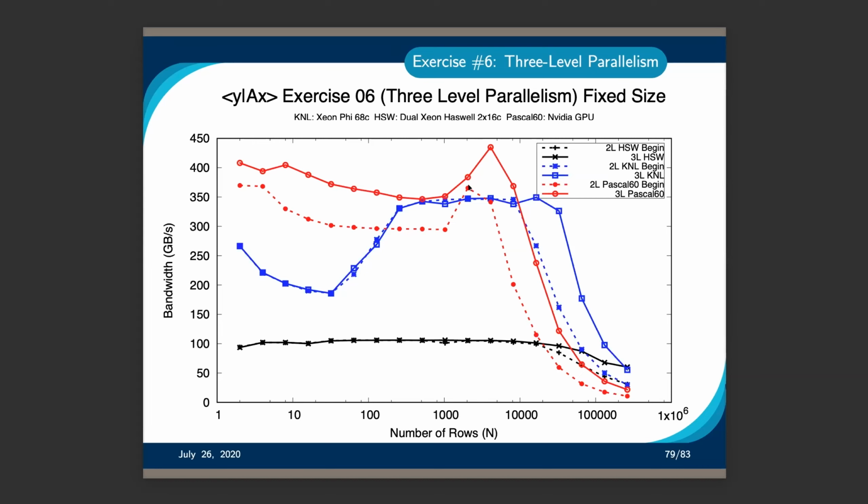There's a question that the nested version here has reduced the peak bandwidth a bit. Yes and no. The problem is that it's not quite fully comparable. These are actually different algorithms, so it's not a one-to-one apples comparison, because the original algorithm didn't have a third level of parallelism.